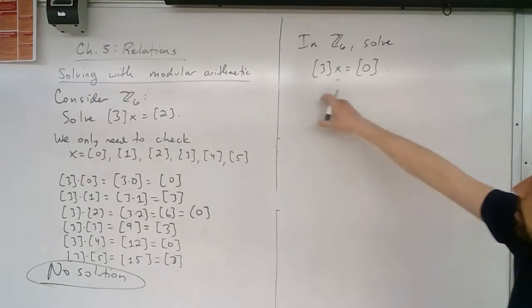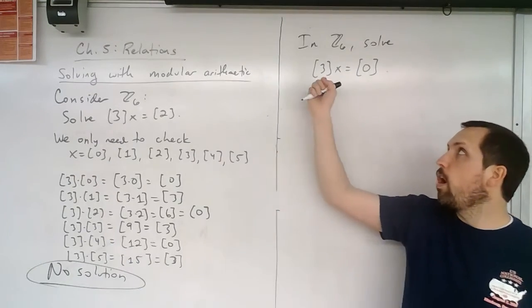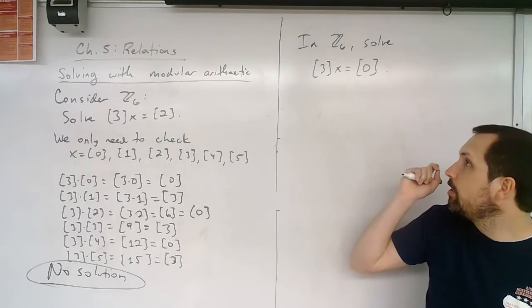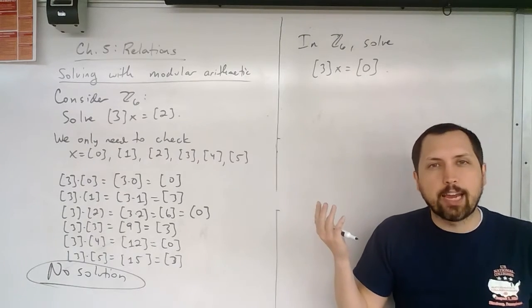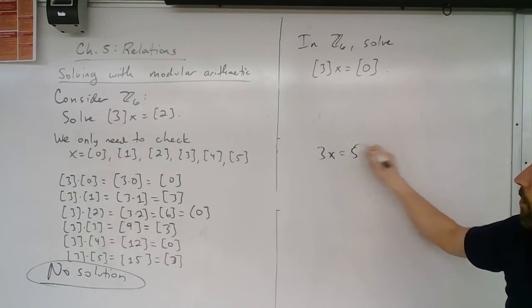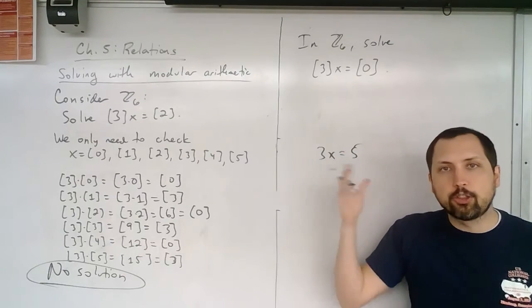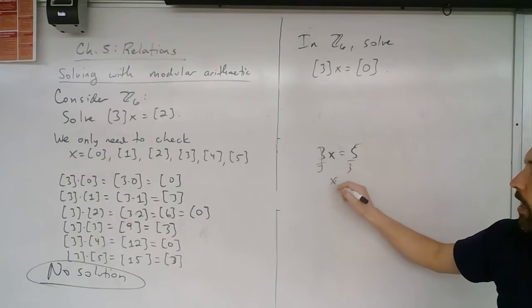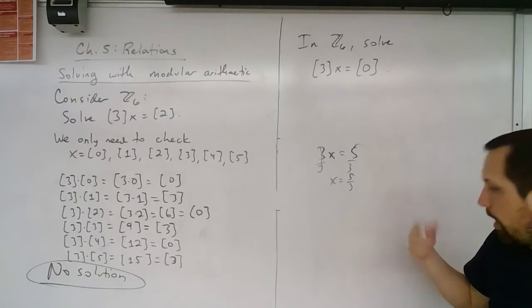But now let's say, what if I solve this equation for x? Well, normally when you're used to solving multiplication problems, let's say I was to solve 3x is equal to 5, just using regular numbers, you would divide by 3, and you'd have x is equal to 5/3. That's cool.